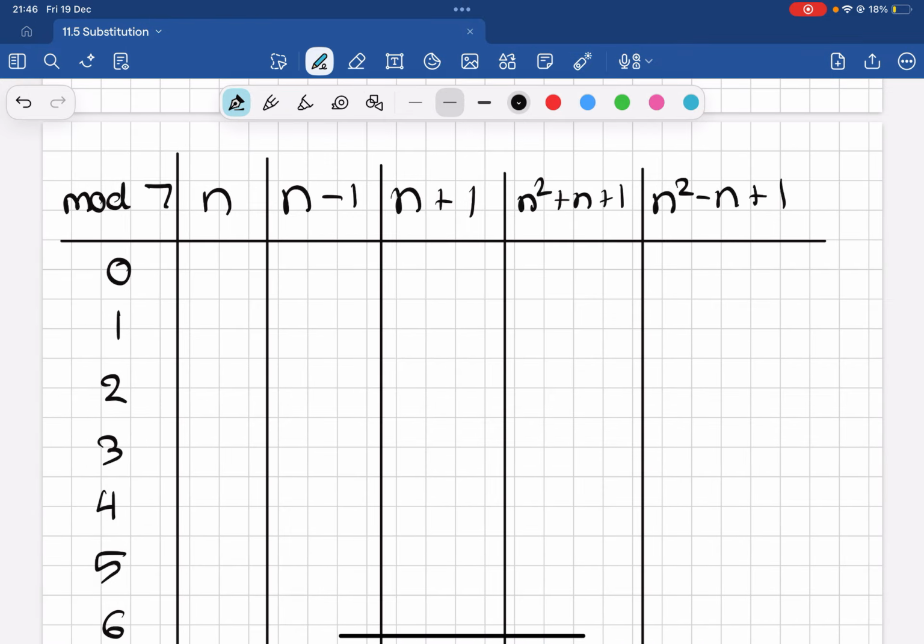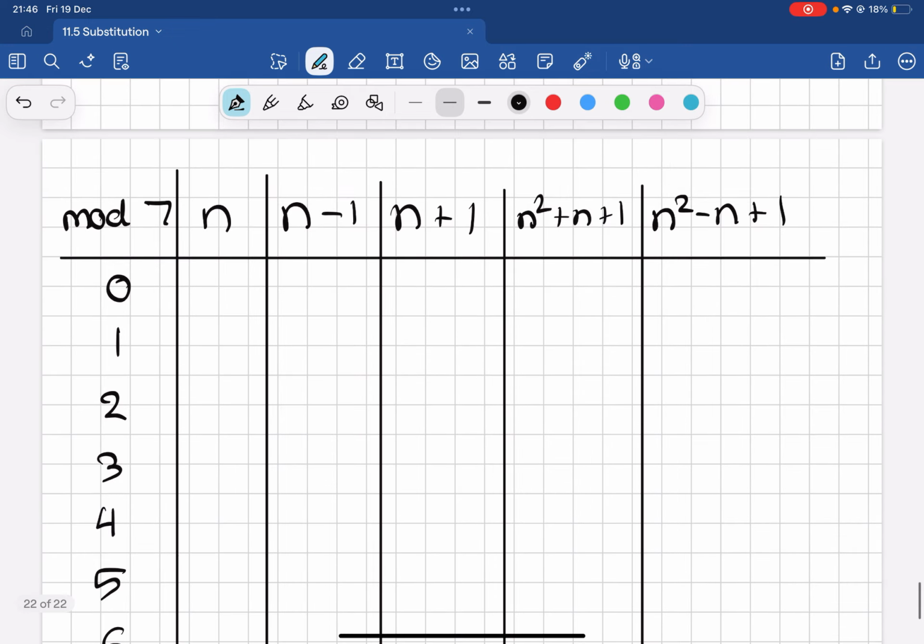Right, and we're doing mod 7 for all these inputs.